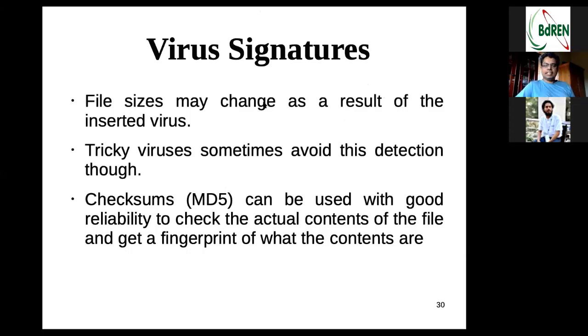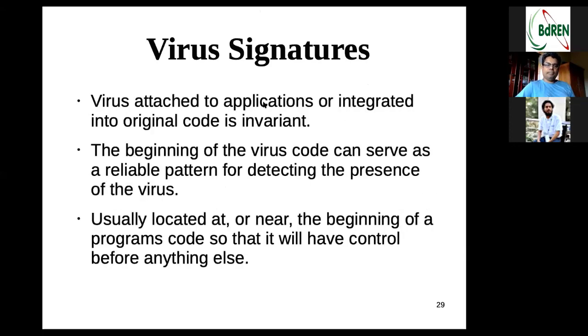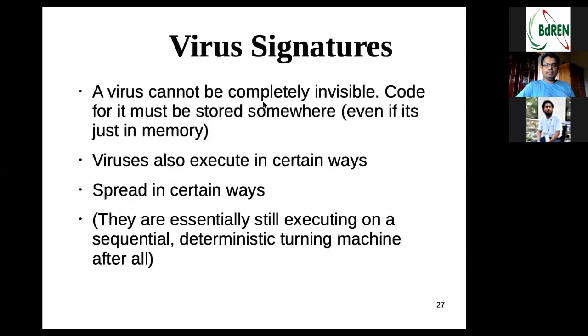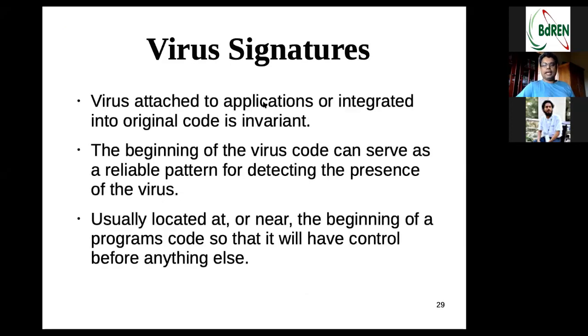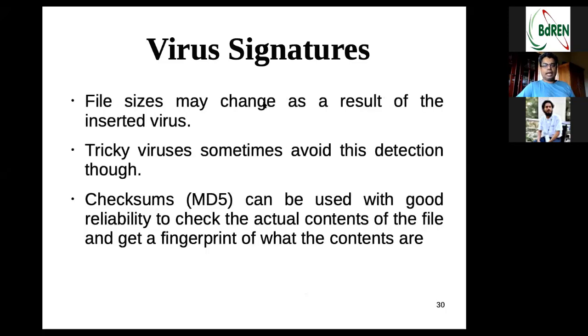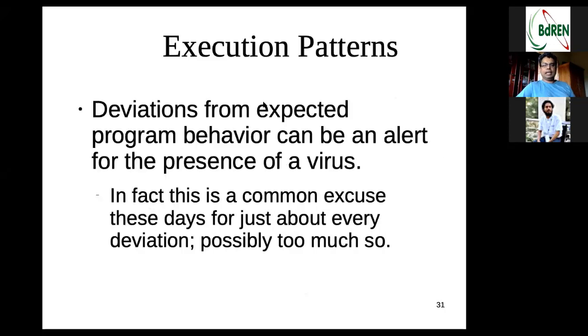Then there are different signature types we can see. For example, a code pattern may be used as a virus signature. We can also use an execution pattern as a virus signature. Maybe we use a hash or MD5 checksum as a virus signature.